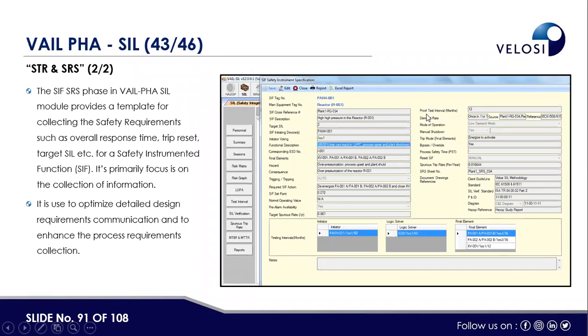What is the demand rate, what are the proof test intervals, mode of operation, manual shutdown requirement, bypass override requirements, what is the process safety time, all this information will be covered in SRS sheets. So this data can be maintained in our software as well.